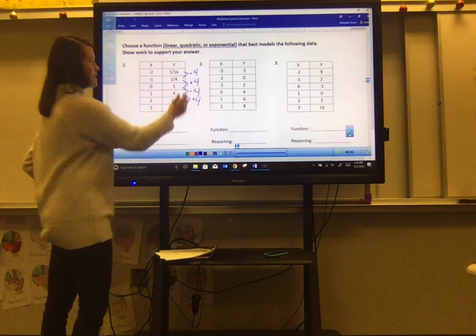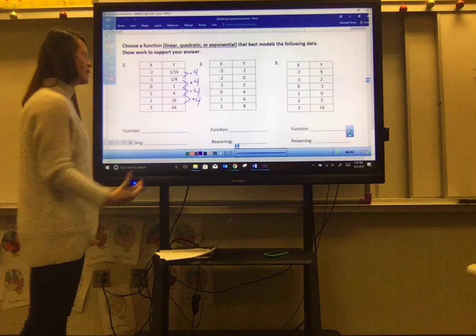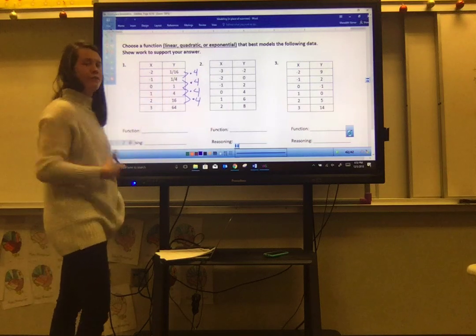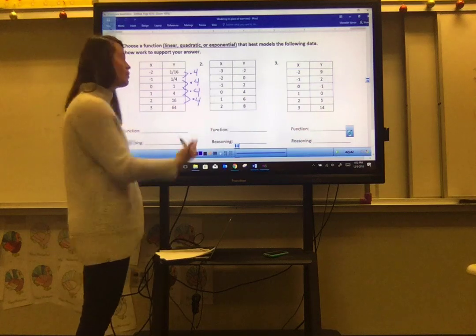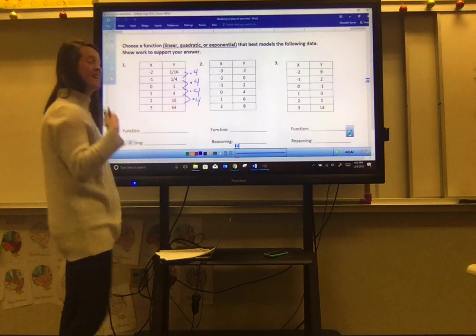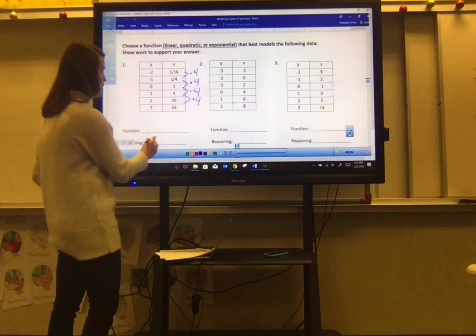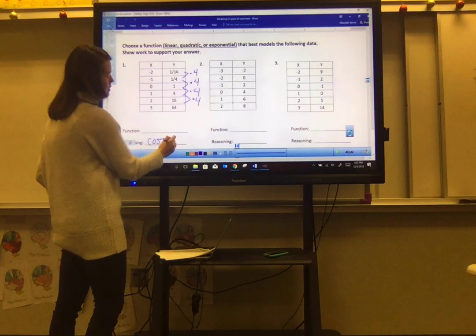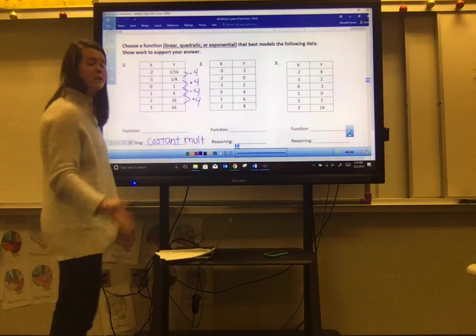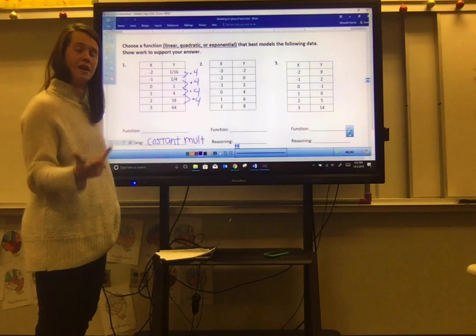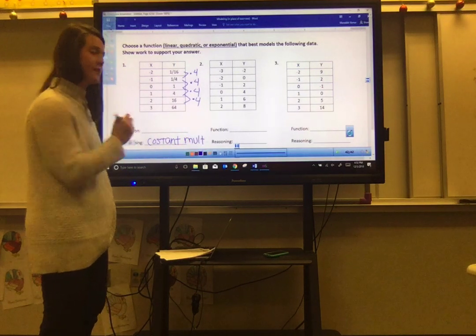So 1/16 times 4 gives me 1/4. 1/4 times 4 gives me 1. 1 times 4 gives me 4, and so on. A constant multiplier means what? Linear, quadratic, or exponential? Exponential.